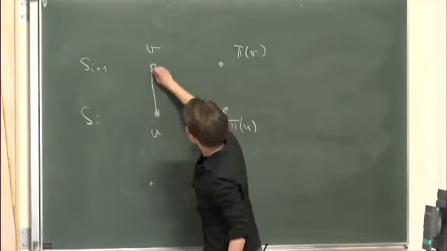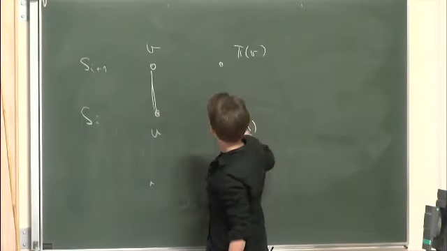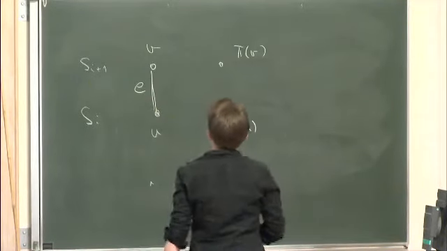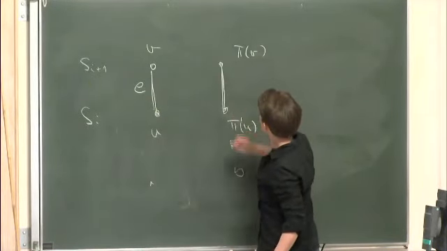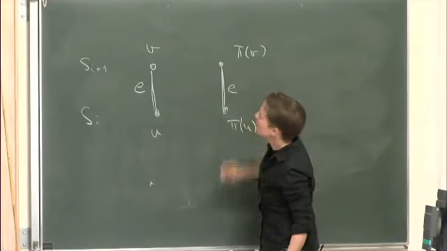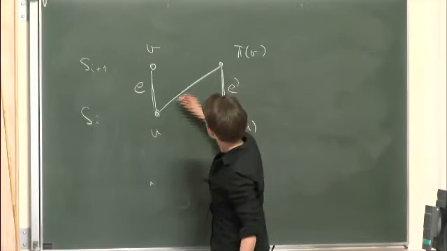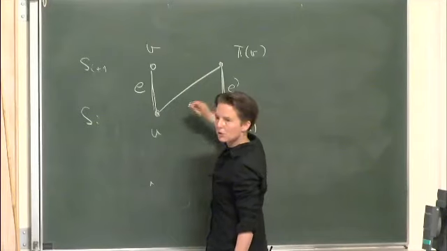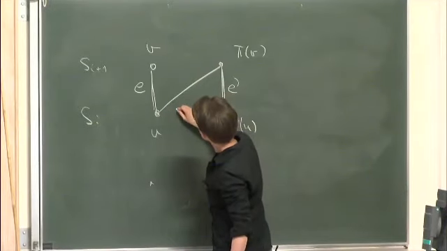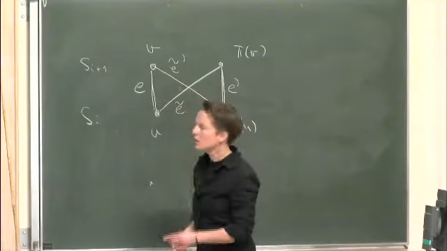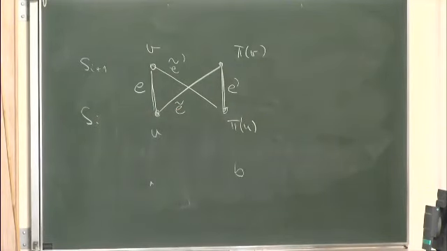There could be an edge from U to V. We call this E on this slide. There could be an edge between the images, we call this E prime. And there could be edges for swapping, which are not there in the original graph. That's E tilde and E tilde prime. So that's what's defined here on this slide.